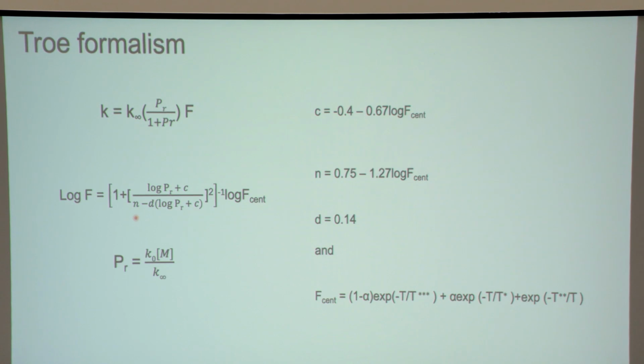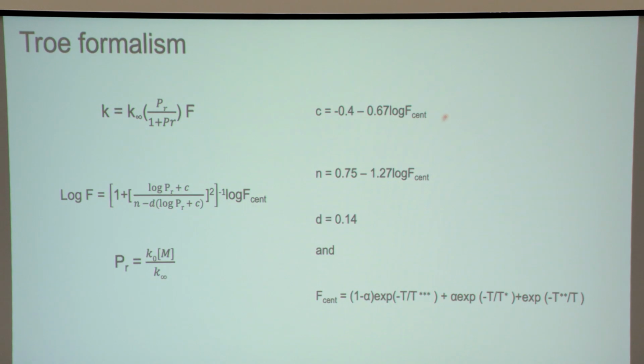It's shown here. I won't read it all out, but it's just an equation. It's just a fitting function that came to work. There's no theoretical foundation for this specific function, but it tells us how F can vary with the reduced pressure. You see here there's some constant C, some constants here times log times F cent.